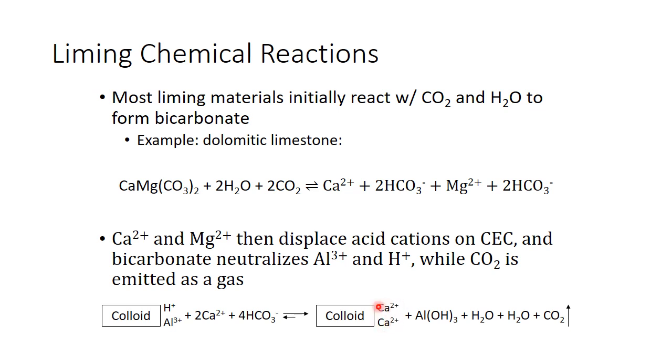We get calcium adsorbed onto the colloid, and the aluminum and hydrogen have been kicked off into solution, and we neutralize the acids, and they form aluminum hydroxide and water. Those aluminums and hydrogens are still present, but in a form that is no longer causing acidity. And then we end up with CO2 as a gas that gets emitted. So this whole reversible reaction goes to the right.